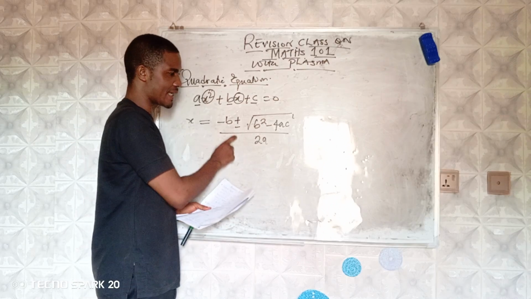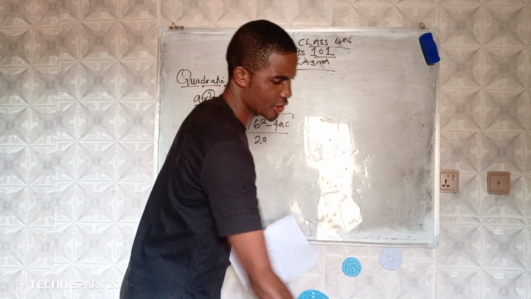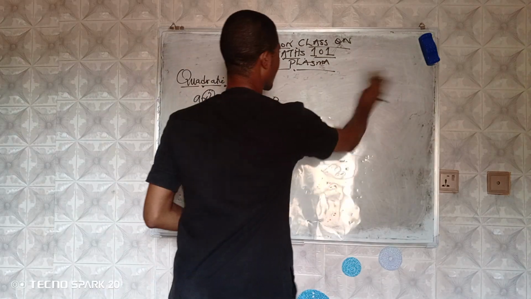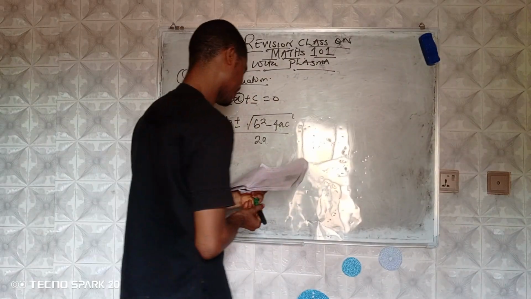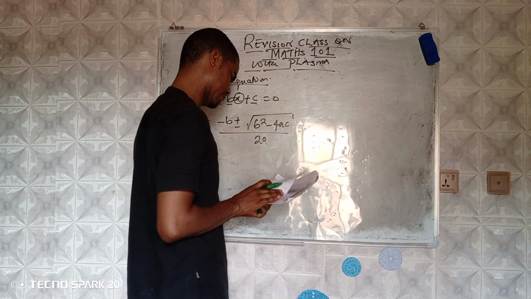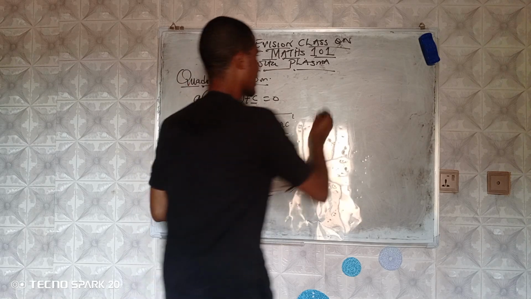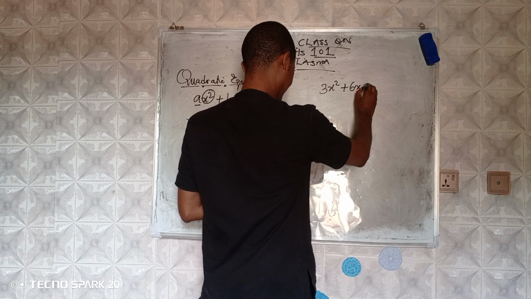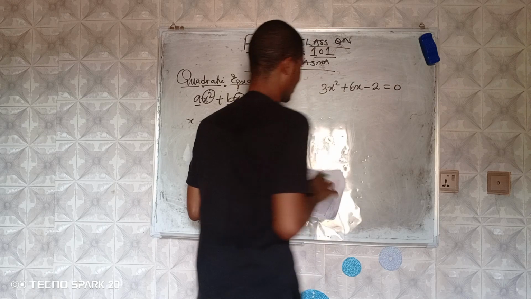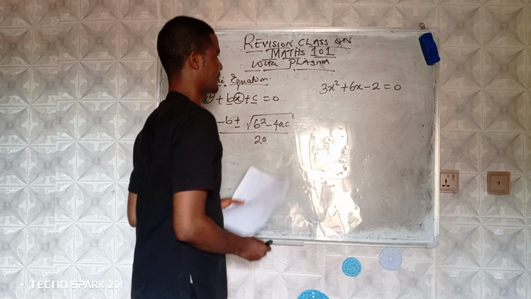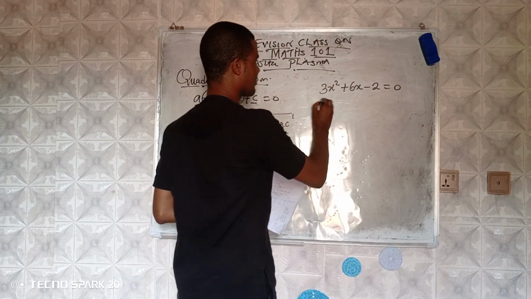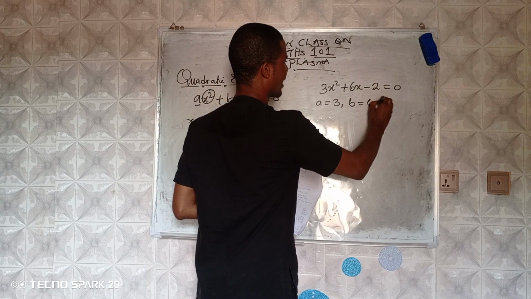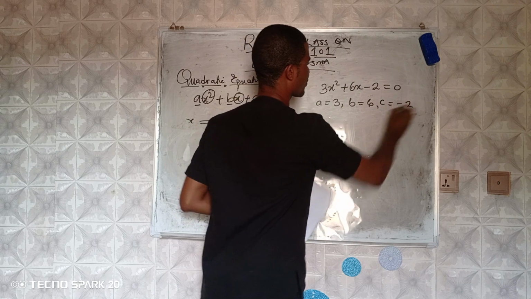I'm going to pick one example to show the factorization method. If I'm given that 3x squared plus 6x minus 2 is equal to 0, and I'm asked to factorize this, my a here is 3, my b here is 6, and my c here is minus 2.